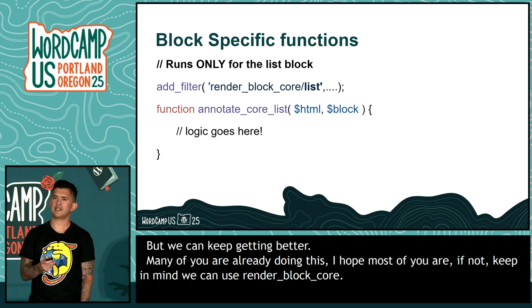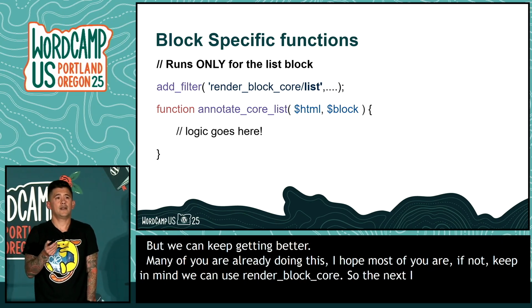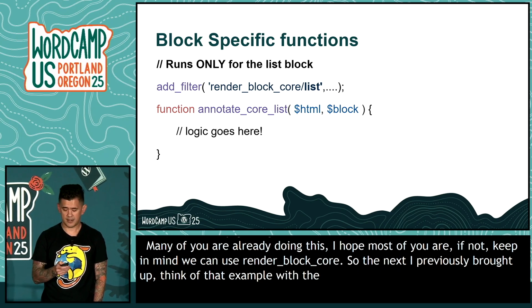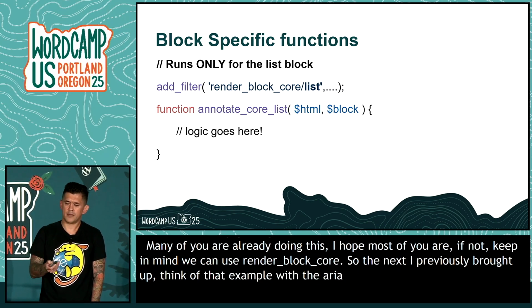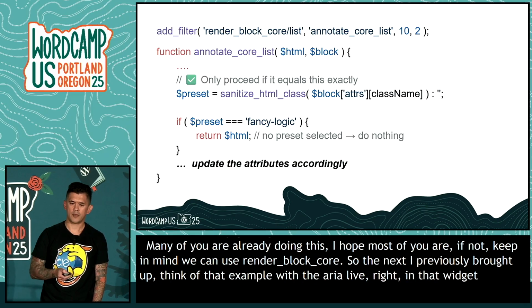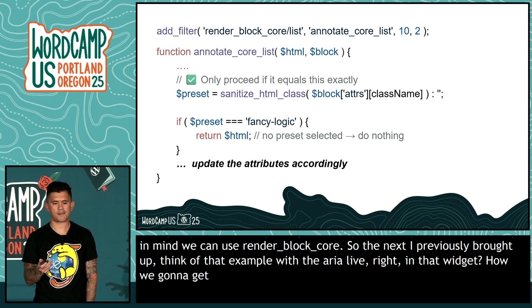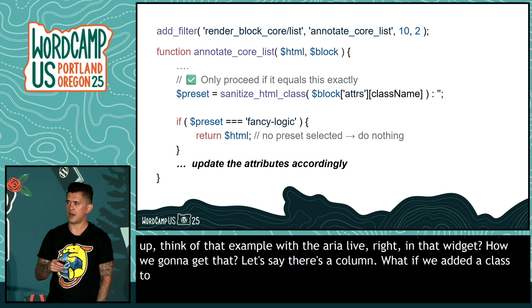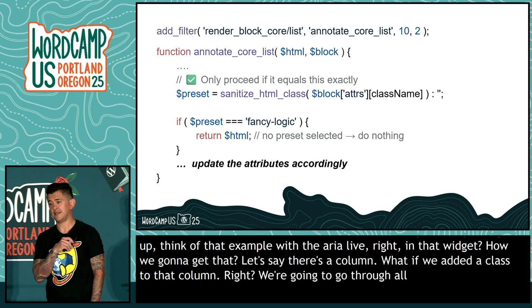And the next, I previously brought up, think of that example with the Aria Live, right? And that widget. Well, how are we going to get that? Let's say it was in a column. Well, what if we added a class to that column, right? We're going to go through all the lists, or all the columns, or you pick your poison, right?